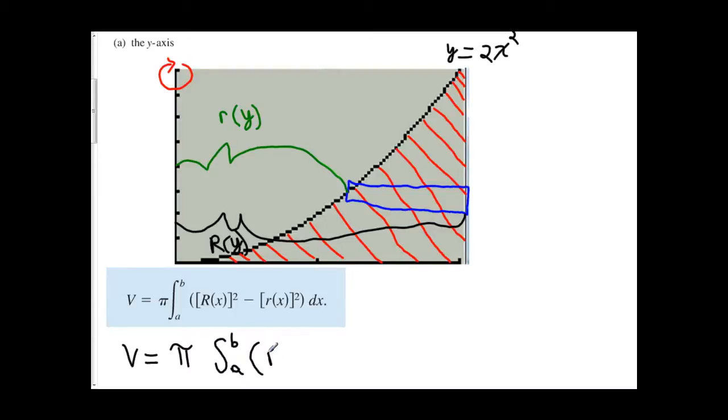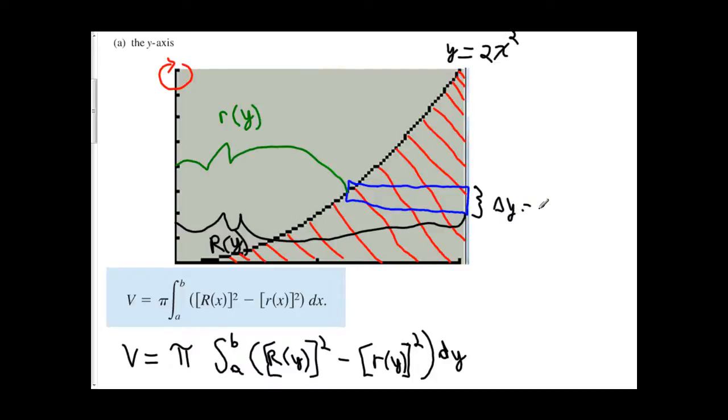So it's going to be the capital R of y squared instead of the capital R of x, minus the lowercase r of y squared, and instead of dx, we're going to have dy, because the width of this rectangle is actually a small change in y, delta y, which we are going to call the little differential dy.